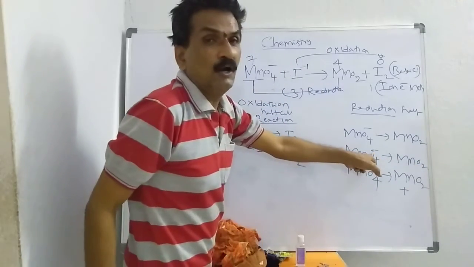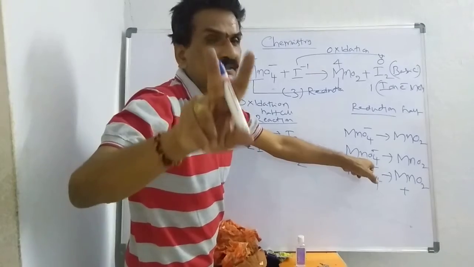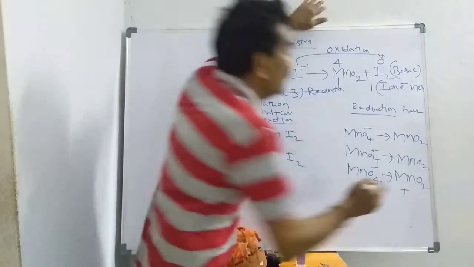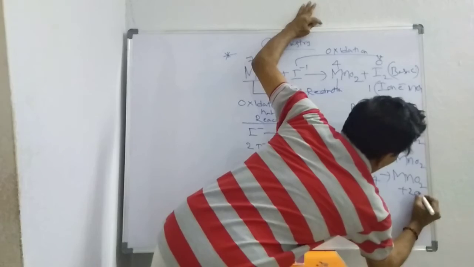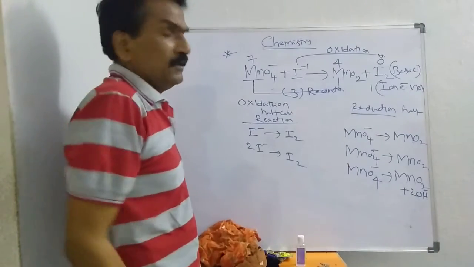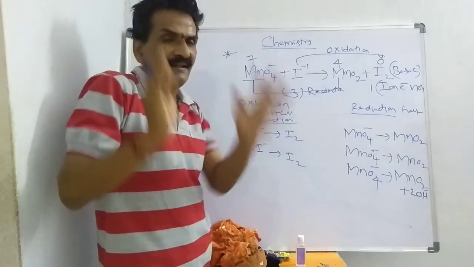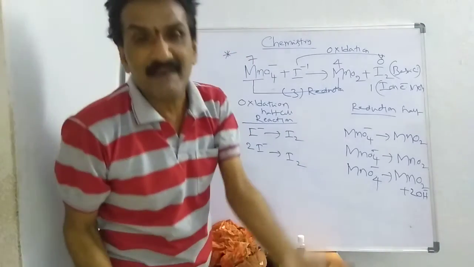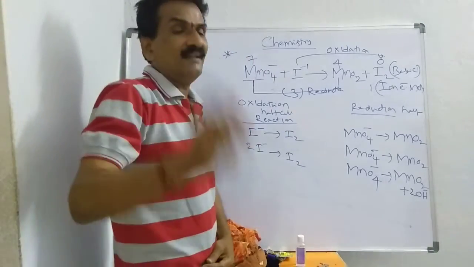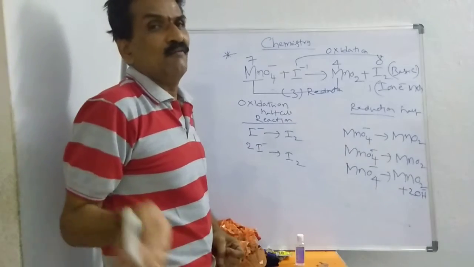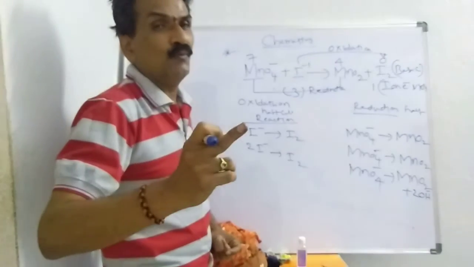Here 4. How many deficit? Only 2 oxygens. For which I am going to balance this equation. I am adding on the right hand side 2 OH minus. So kindly keep it in mind. If oxygens are less, we have to add OH minus. If hydrogens are less, we have to add H2O.